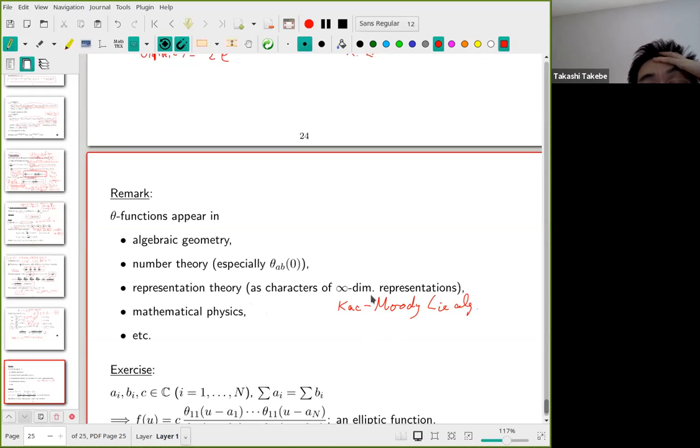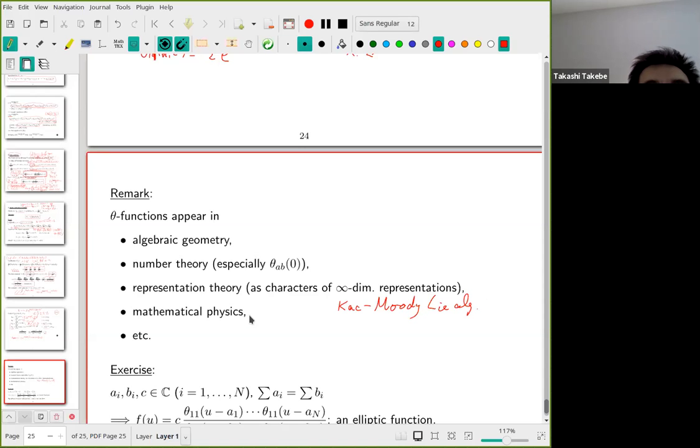And in that theory, in the representation theory of such infinite-dimensional Lie algebra, theta functions appear as characters, generating functions of dimensions of representation space.